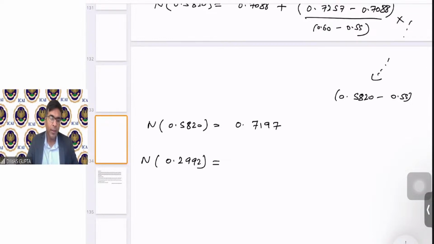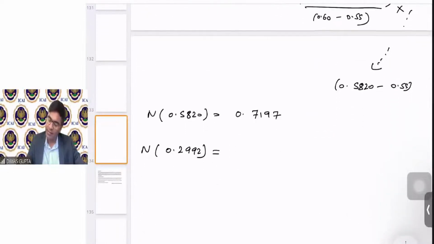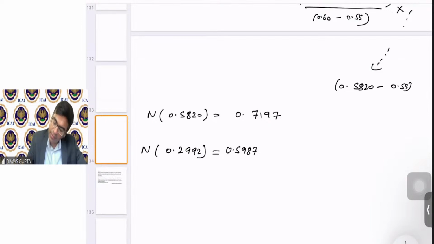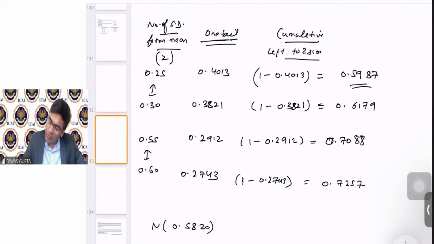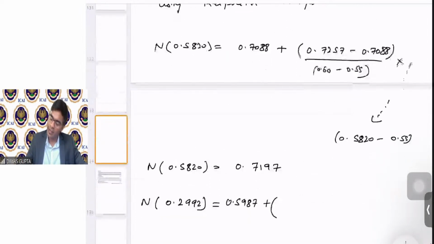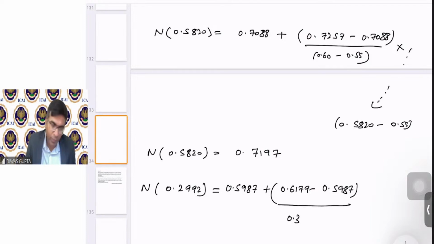So first we will take the 0.25's value, which is 0.5987 plus, what is the distribution value for 0.30? 0.6179 minus 0.5987, whole divided by 0.30 minus 0.25.